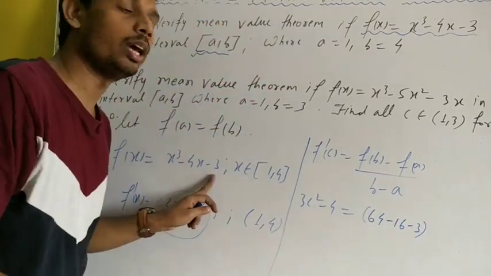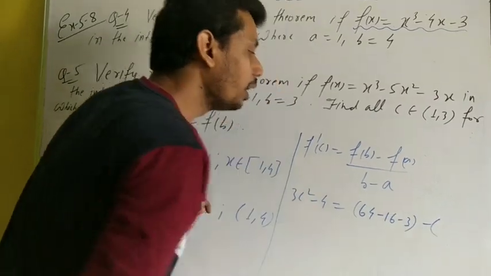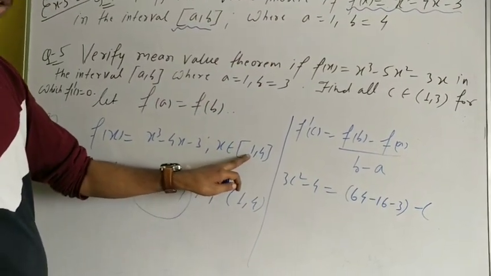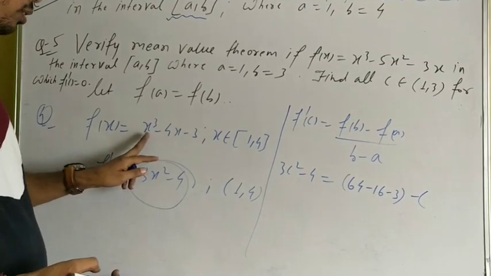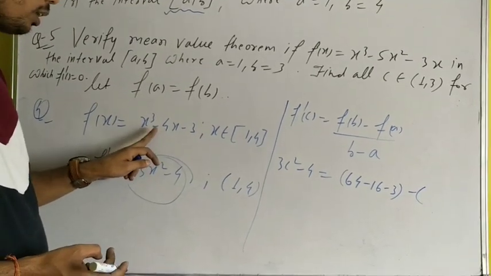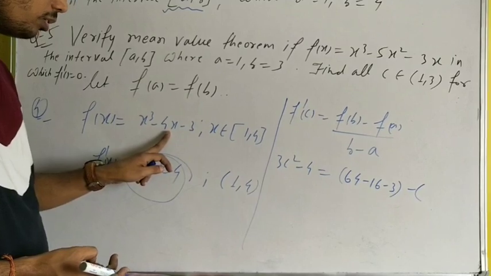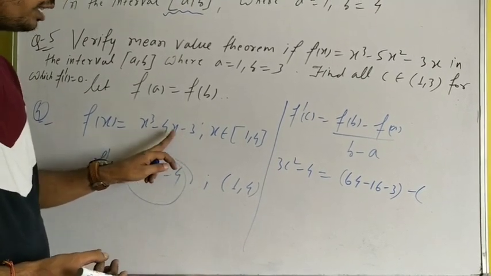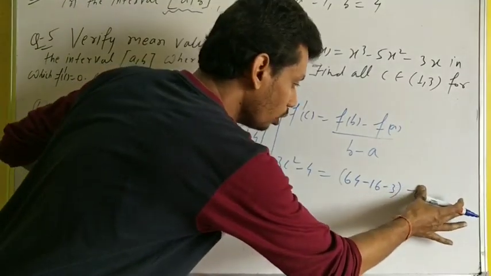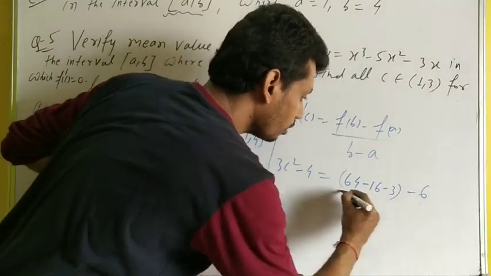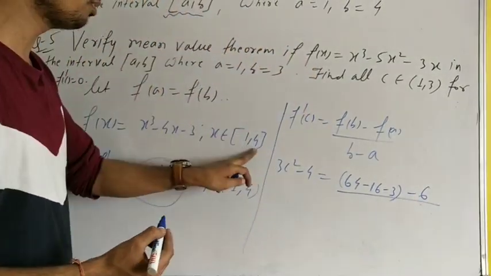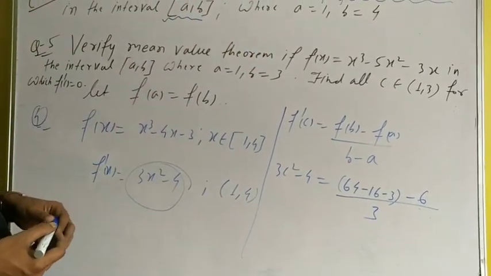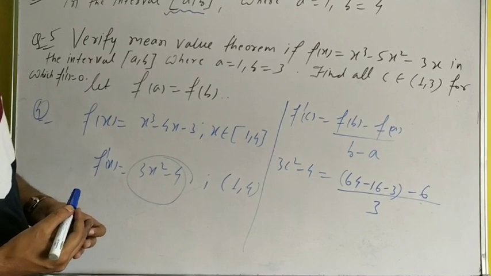This is f b minus f of a. Now f of a, with a equal to 1, is 1 minus 4 minus 3, which is minus 6. So minus 3 and again minus 3 gives minus 6, whole divided by b minus a, so 4 minus 1, which is 3.